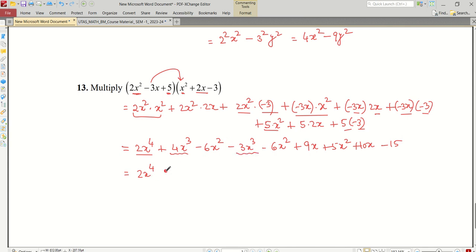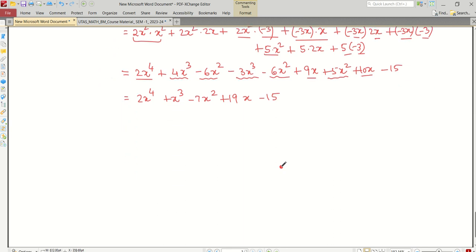So it is only x power 3. Now minus 6, minus 6, minus 12. Minus 12 plus 5, minus 7. Now what remains? 9x plus 10x, 19x. And the last number is constant, minus 15. Clear? So this is how we need to multiply.